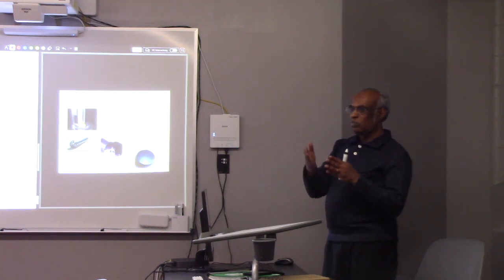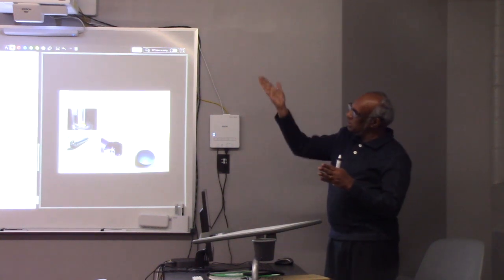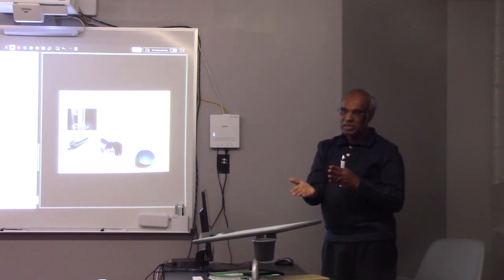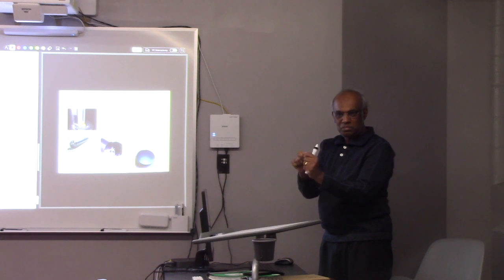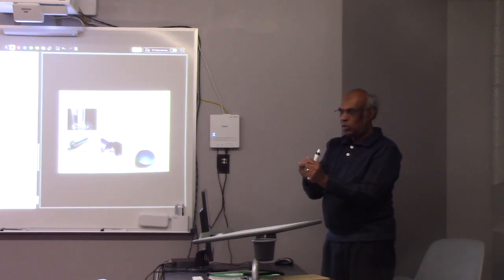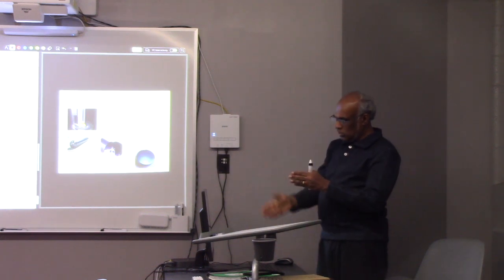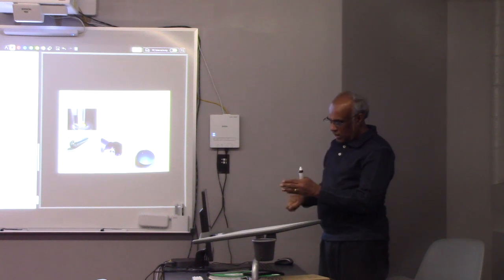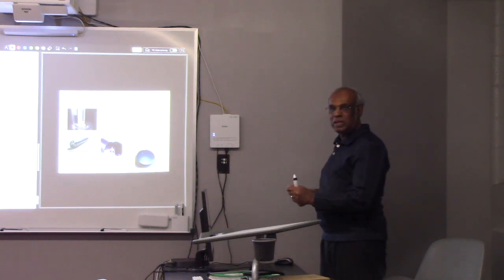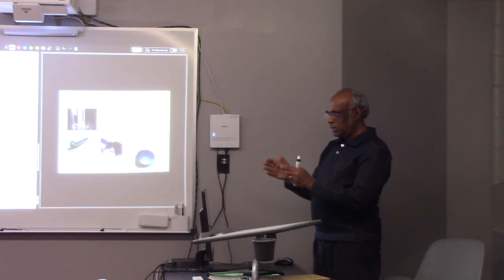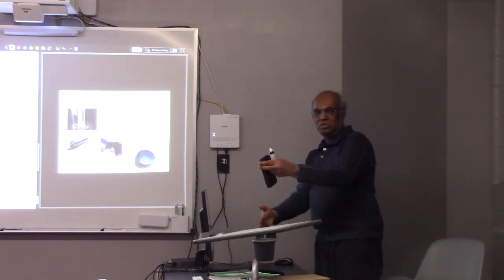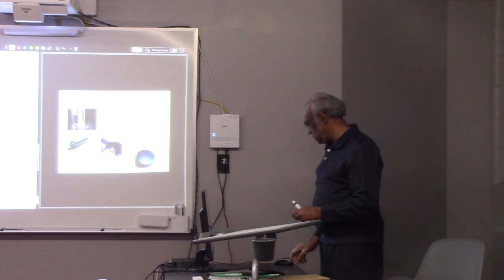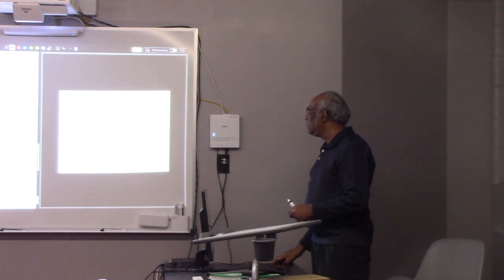If it is 111, it is more like going across, so it's very difficult to cut in that direction. 100 is very easy: you can scribe it and then it breaks very nicely. But the 111 direction is more like going across this one, so that's typically difficult to break.